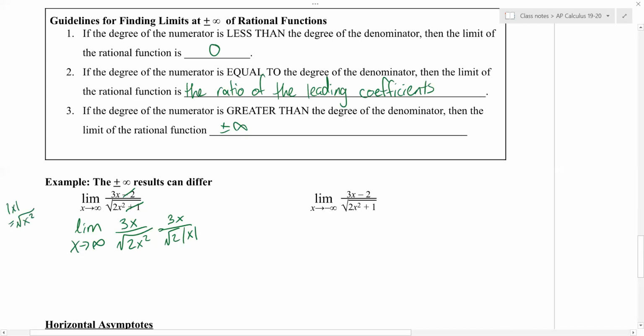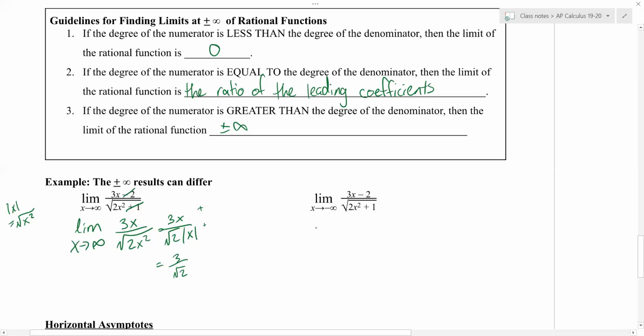So now this will still cancel out, but we have to pay attention to our sign. When we plug in positive infinity, we'll have positive on top and positive on the bottom. So this is equal to 3 over the square root of 2.